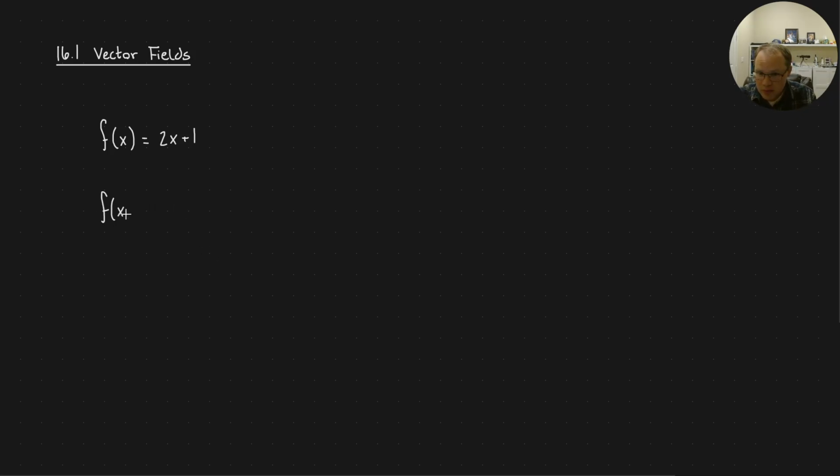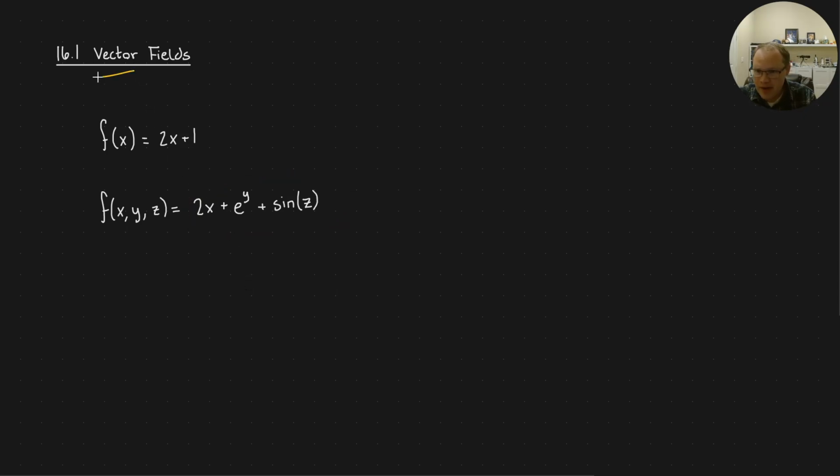Or for multivariable functions, maybe we have something like this, 2x plus e to the y plus sine of z. Okay? For every point in three-dimensional space in this case, there is a rule that associates another value to that point in space.